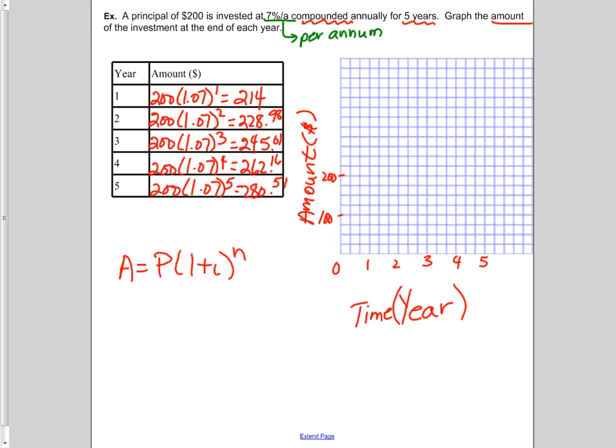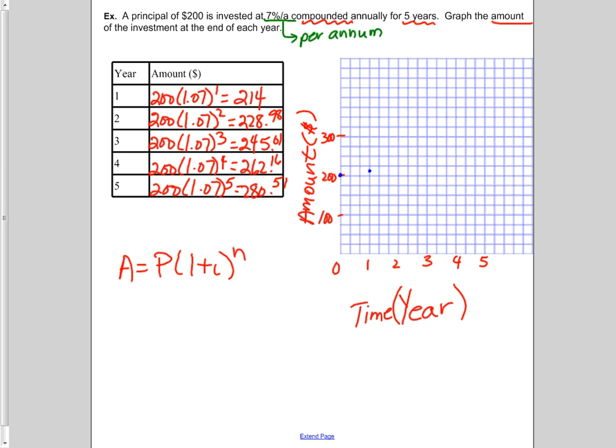200, 300, there. All right, initial value is where our little story begins, or the y-intercept, which is $200. After a year, we have $214, so my grid goes up by $25, just higher than half square. There we are.